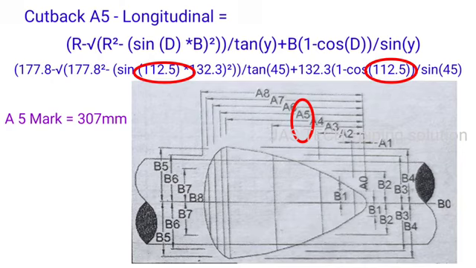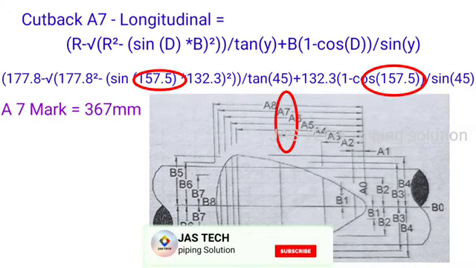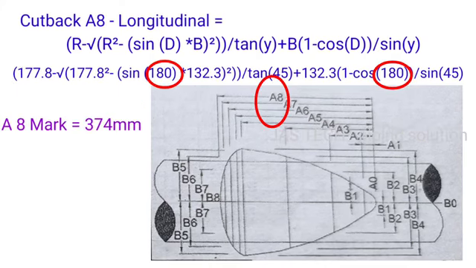So the answer is 307 mm. Cutback A6 mark, D value 135. So the answer is 346 mm. A7 cutback mark, D value 157.5. So the answer is 367 mm. Finally A8, D value 180. So the A8 mark value is 374 mm.